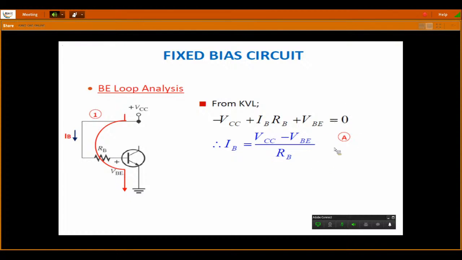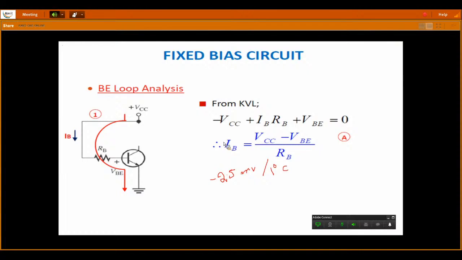So from this first equation we got the base current IB is equal to VCC minus VBE divided by RB. Now the base to emitter junction voltage always decreases by 2.5 millivolt per 1 degree centigrade rise in temperature.